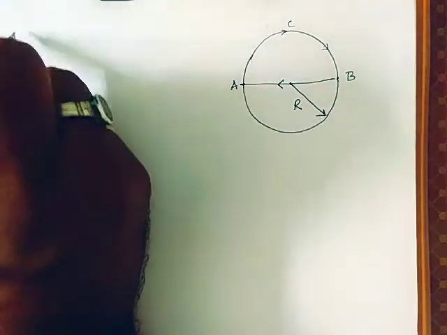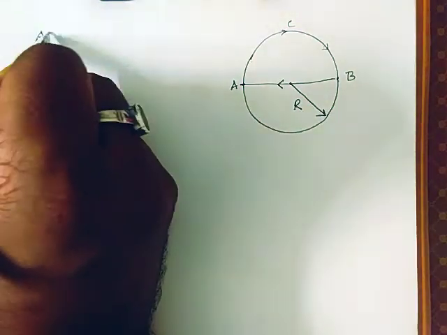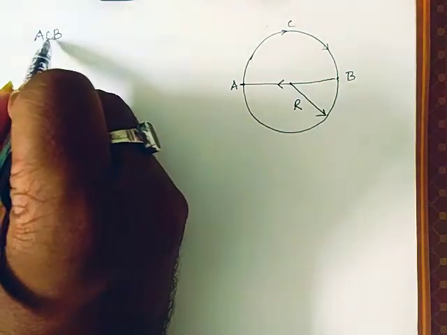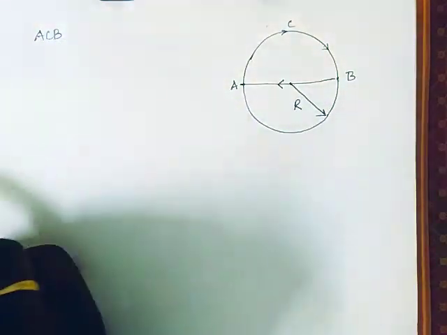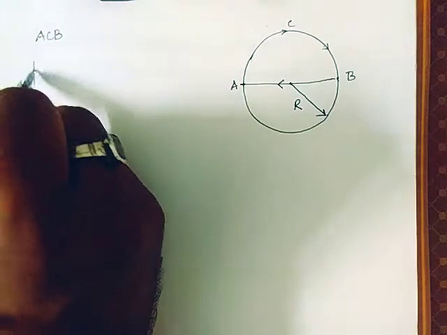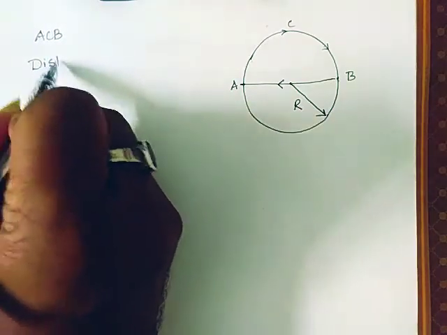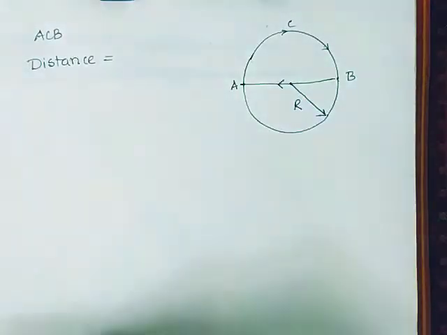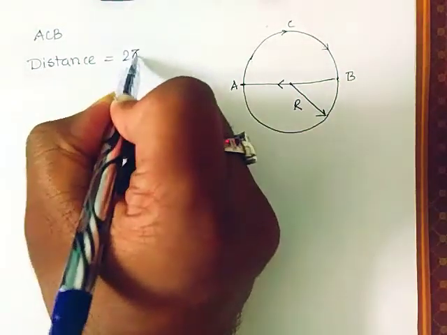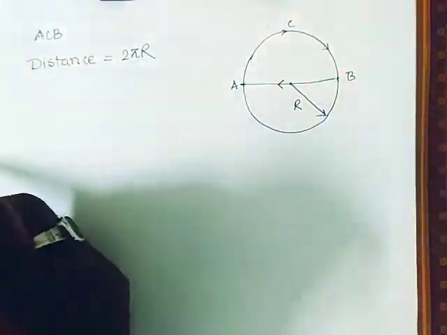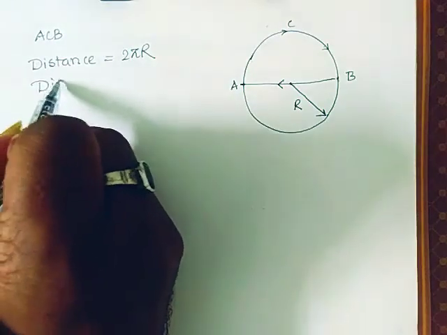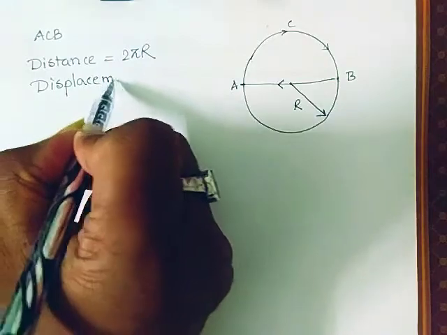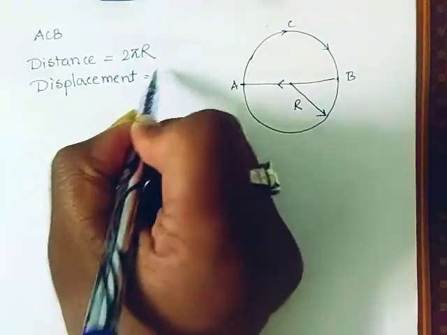When I am following this A, C, B path, that is from A to C, then C to B, at that time if I calculate the distance, the distance is 2 pi r. The displacement is 2r.